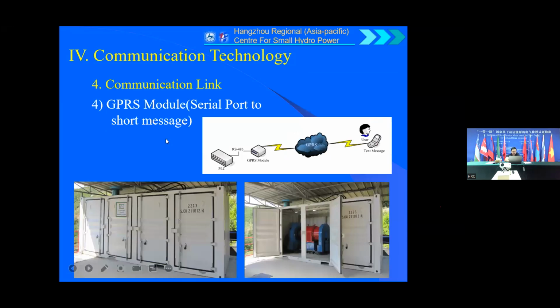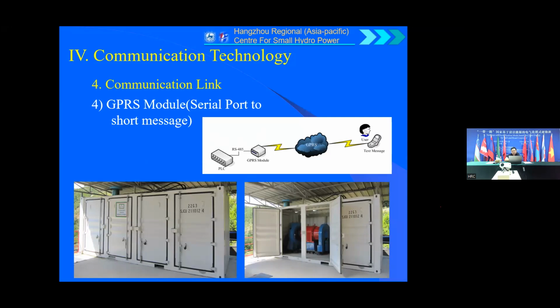We have an application in Macedonia here. This power station is very small, and it is in a very wide area. So it's difficult for us to connect them using optic fiber or cables. But one advantage is that we can find cell phone signals. So we use this GPRS modem to control the unit.